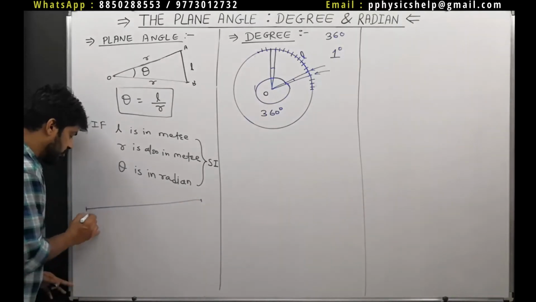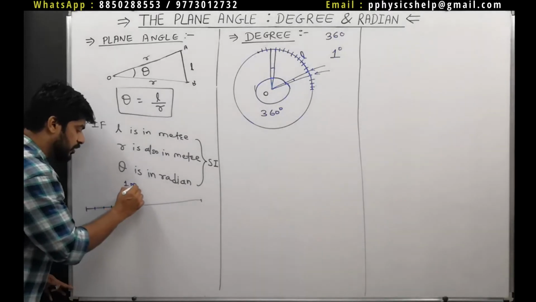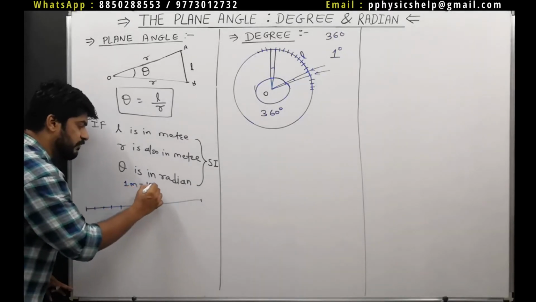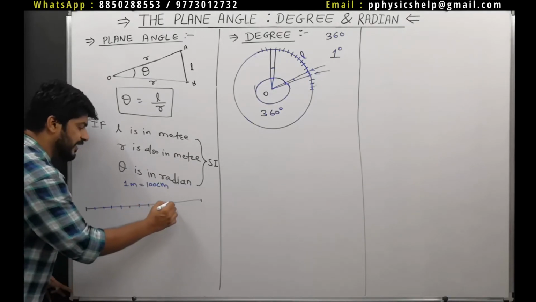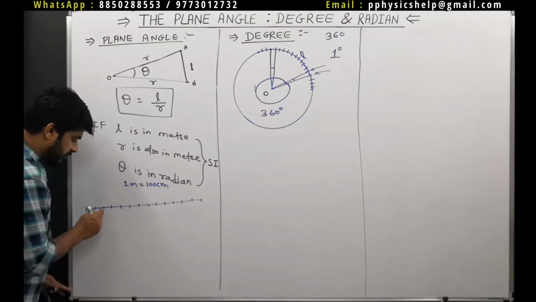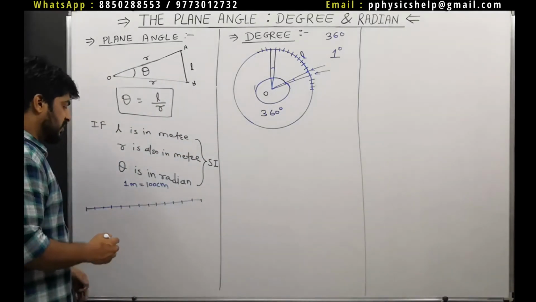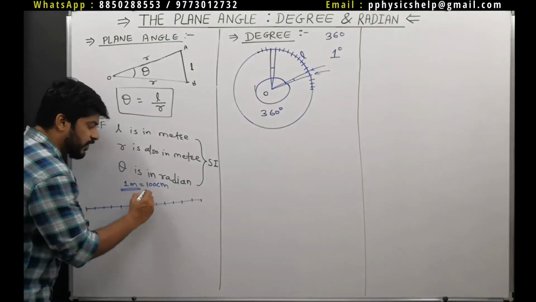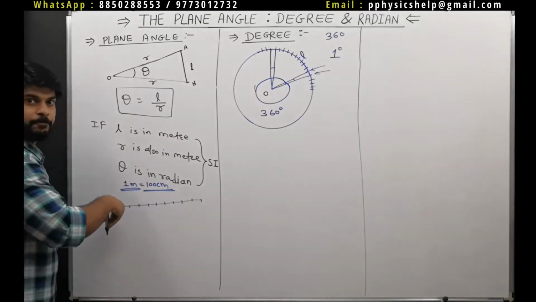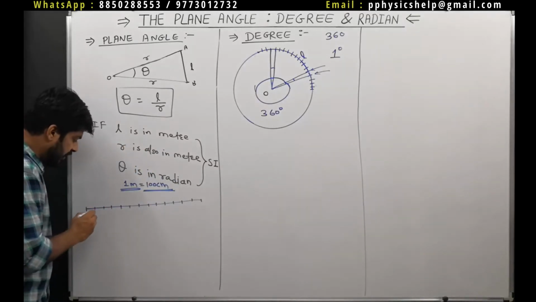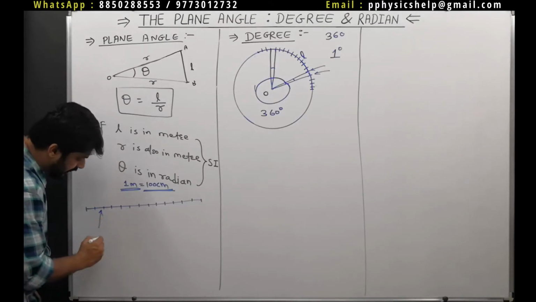On the meter scale, you see there are 100 markings. 1 meter is equal to 100 centimeter, we all know. So there will be 100 such markings, each of 1 centimeter length. So 1 meter is further divided into 100 parts. But as we go deeper, we will find that each centimeter is again divided.